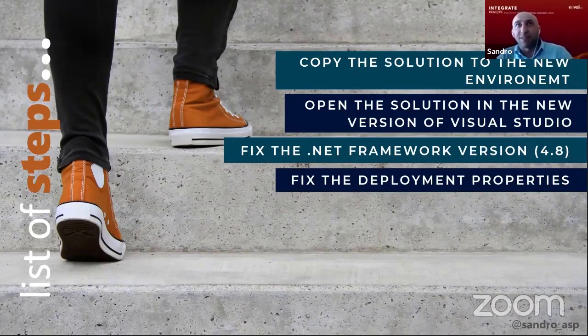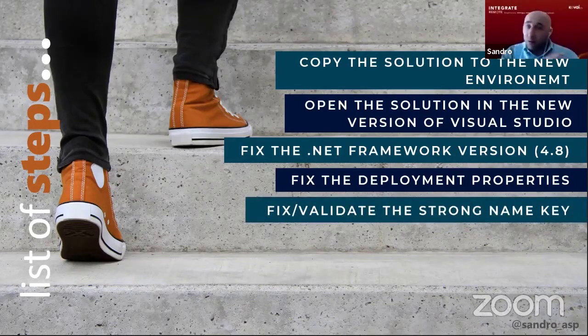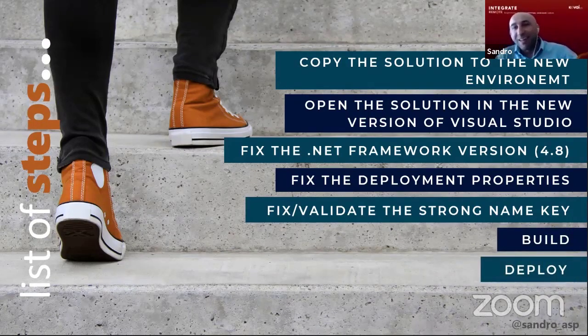You always need to take a closer look at the deployment properties, because the application name and the server will be lost, or will still reference the old environment. So we need to fix those properties. Depending on the version that you are migrating, you need to validate the strong name key, and then build, and then deploy.